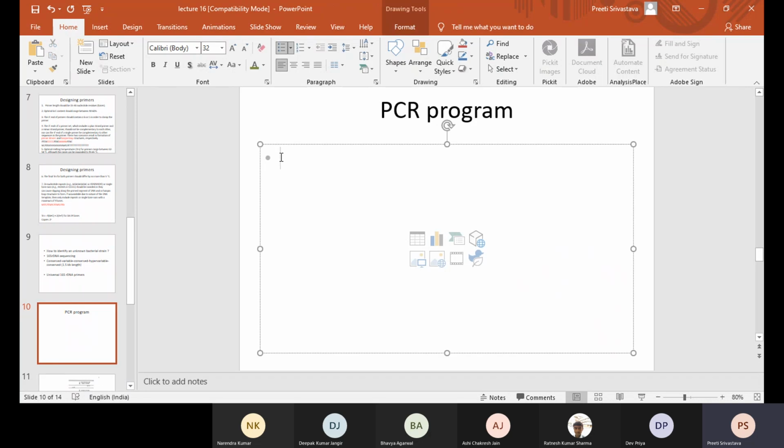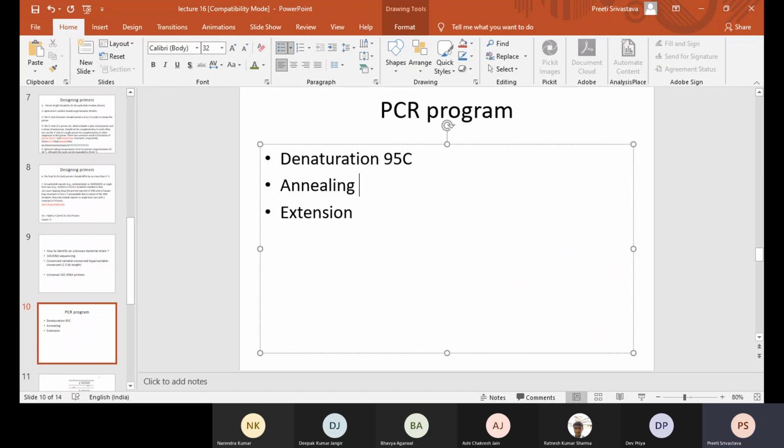So when we do a PCR program, it includes cycles of denaturation, annealing, and extension. Denaturation is the temperature where the DNA is denatured.